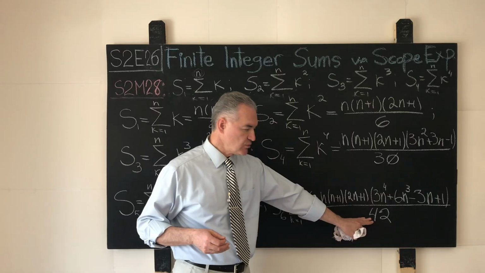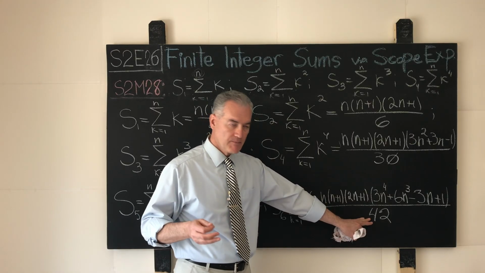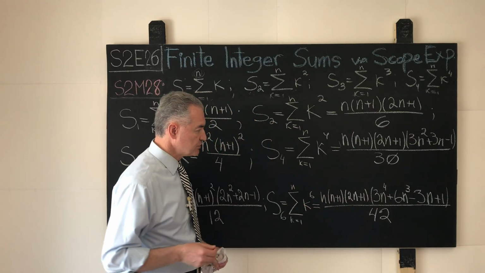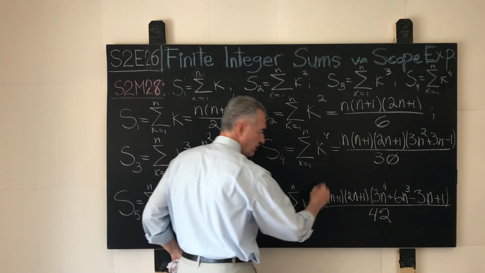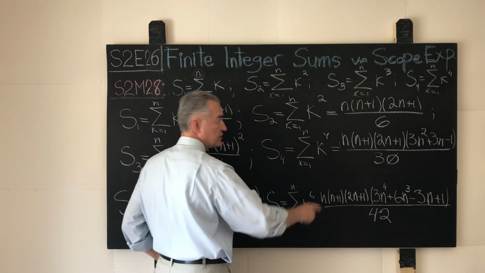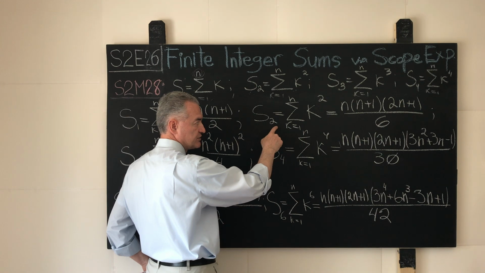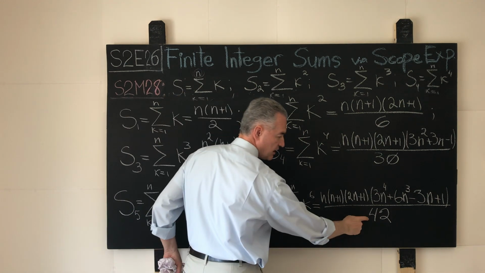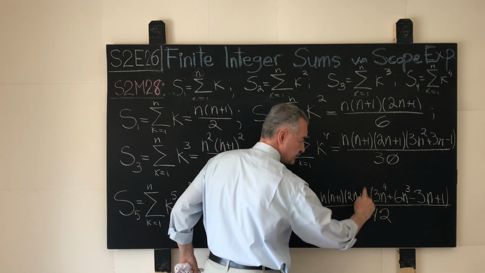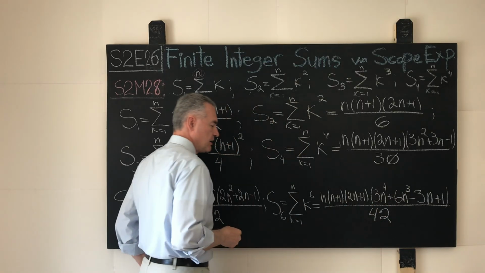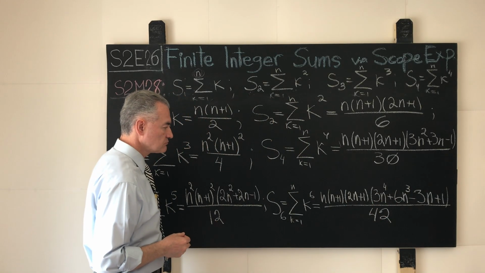In the denominator, we have the number 42. And again, here we can also carve up that expression in terms of the sum S2. This is the sum S2 divided by 7 times this fourth degree polynomial.